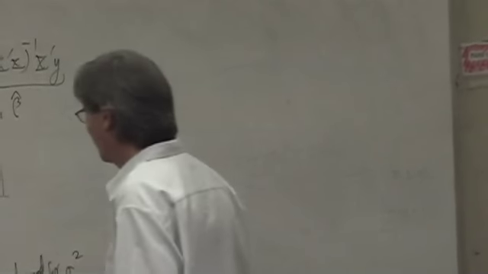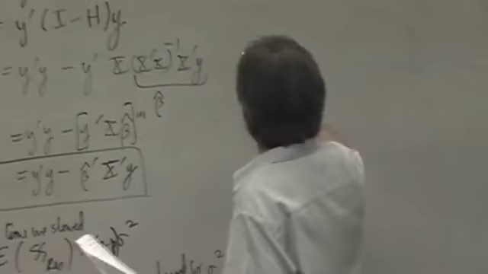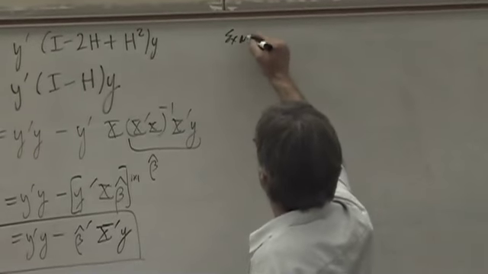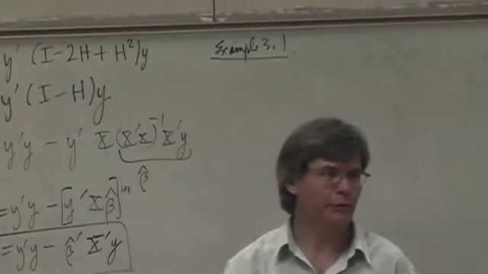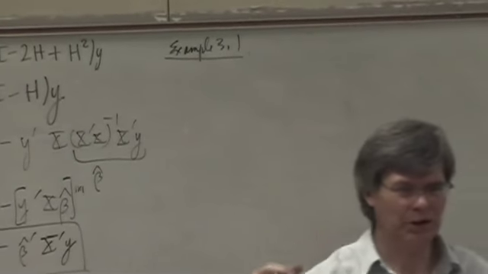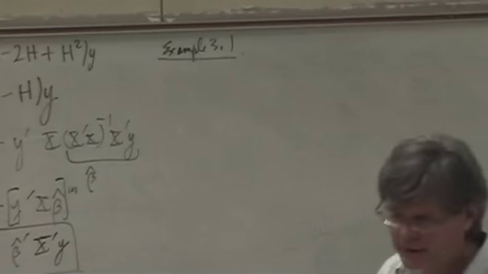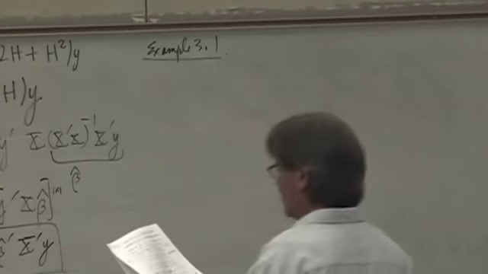So let's go ahead and look at example 3.1. I believe the calculations are shown in note 3 where I did the Maple worksheet. If you have note 3, you could pull that out, but I pretty much copied from that.